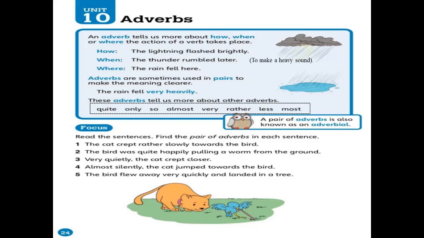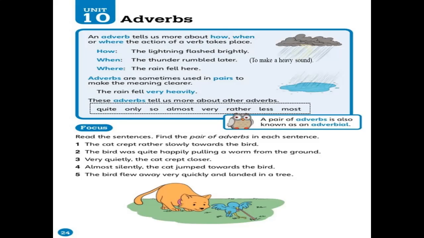Adverbs are sometimes used in pairs to make the meaning clearer. Like, for example, the rain fell very heavily to show its strongness. It was very strong. These adverbs tell us more about other adverbs: quite, only, so, almost, very, rather, less, most.